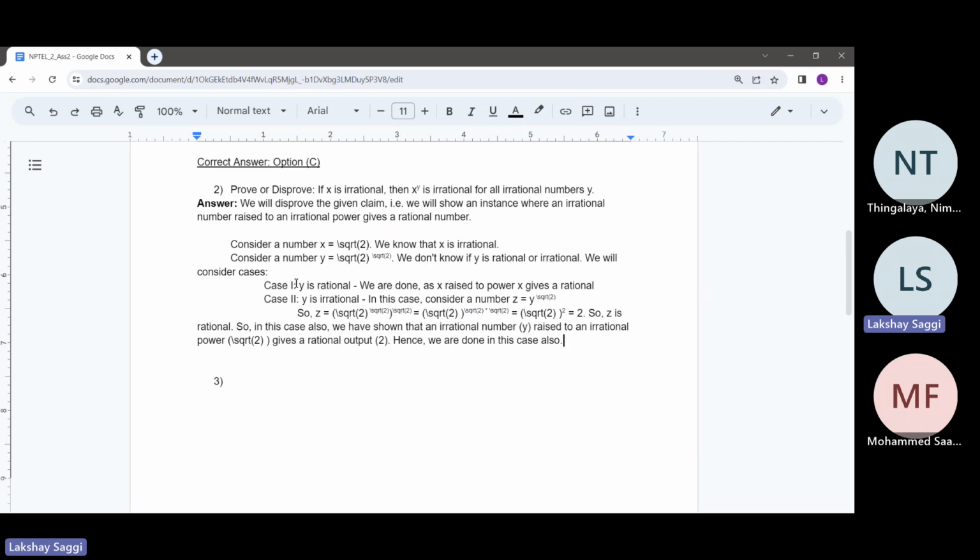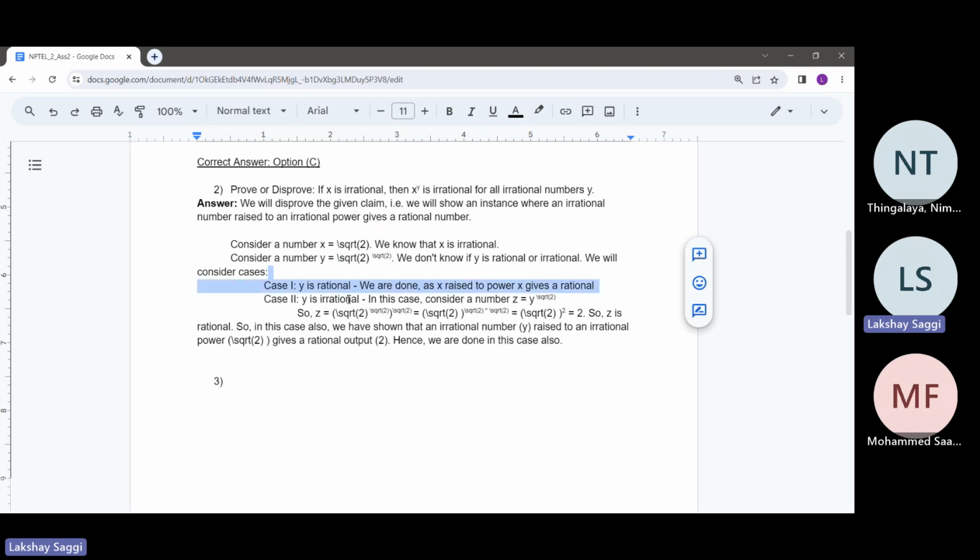Basically, the main beauty of this proof, and why I like it, is that we took this number root 2 raised to the power root 2, and we don't need to know whether this number is rational or irrational, because proving whether this is rational or irrational is itself a huge task, right? We just suppose it was rational, then our proof is done.